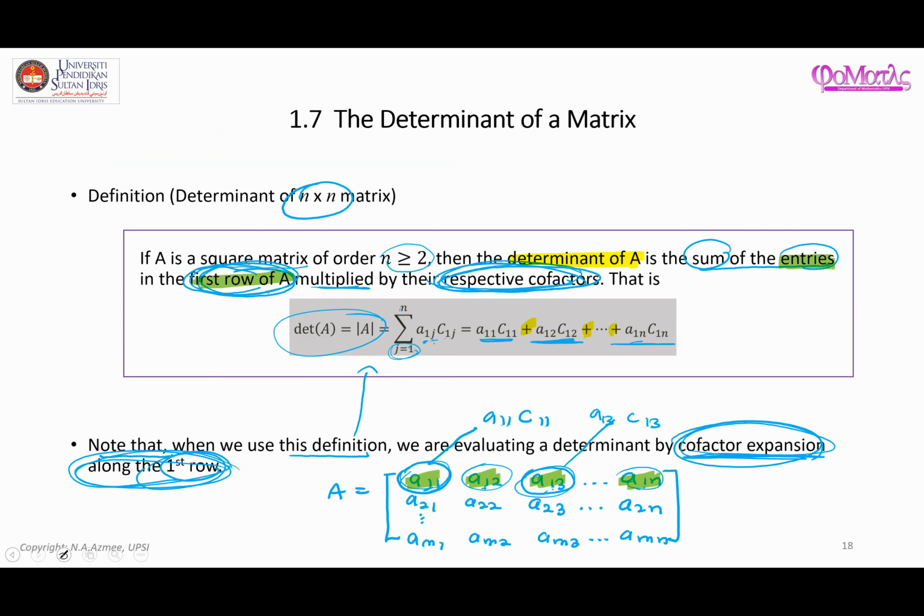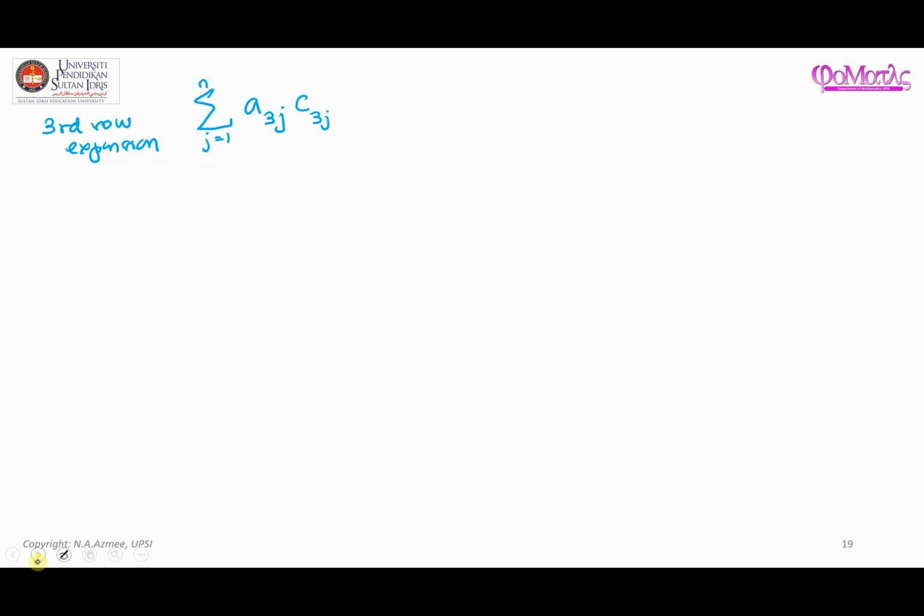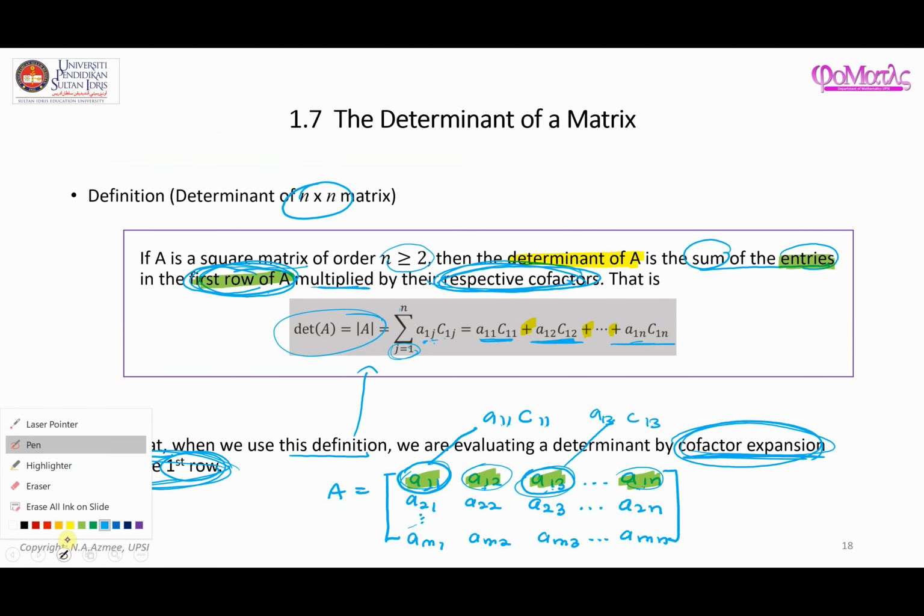So you can imagine we are now expanding along the third row, where you have A31, A32, A33, and so on.